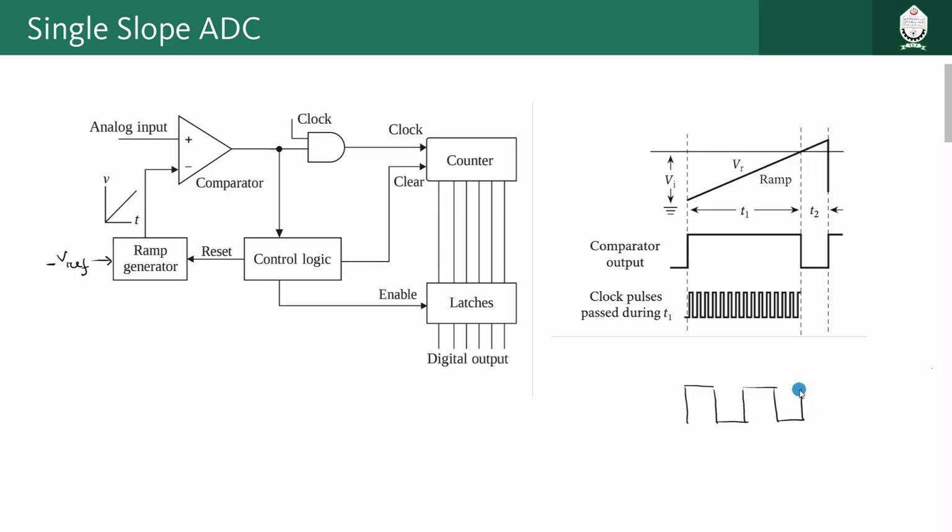This kind of clock signal will be coming from this path, and the high voltage is 5 volt and the low voltage is 0 volt. In this way, the duration of low and high can be the same. This is the total time period of the clock pulse. We can call that TCLK or T clock. So this is the time period of one cycle of the clock pulse. We are going to use this value later on, so remember that.